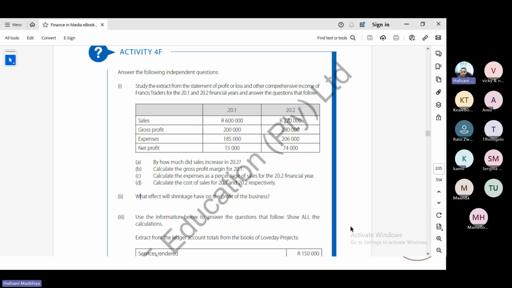So what you have to do is to calculate it in percentage. So most of it is being calculated as a percentage, except for number D, which says calculate the cost of sales for 2.1 and 2.2 respectively. So this one you'll actually be calculating in terms of rand value. The other three will actually be in percentage format.